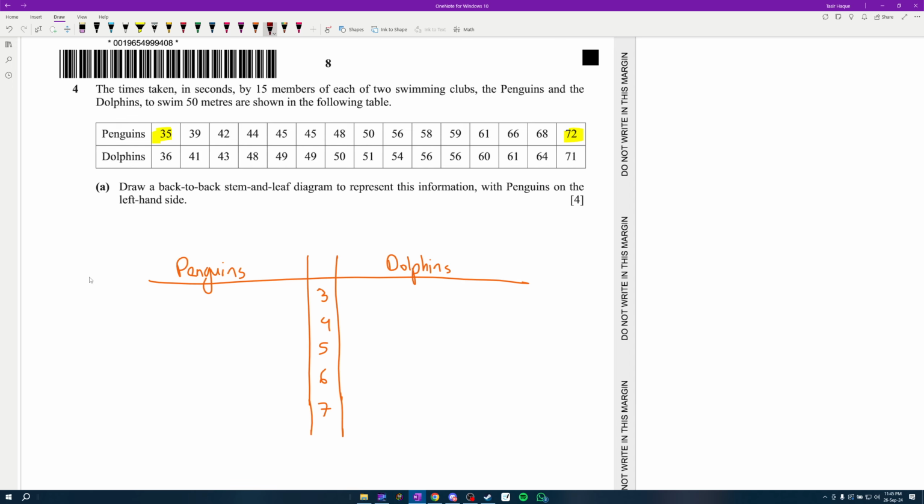Fine. Now for penguins, 35, 39, 42, 44, 45, 45, 48, 50, 56, 58, 59, 61, 66, 68, and 72.